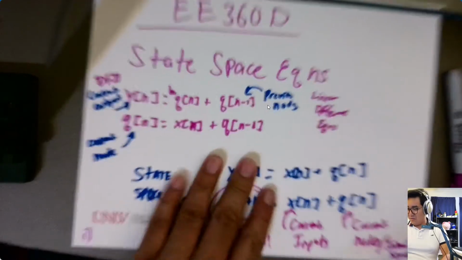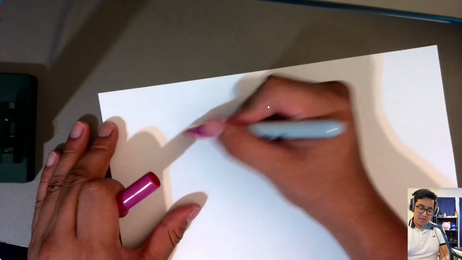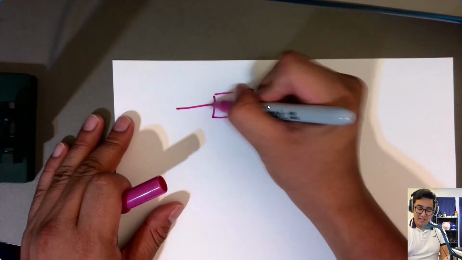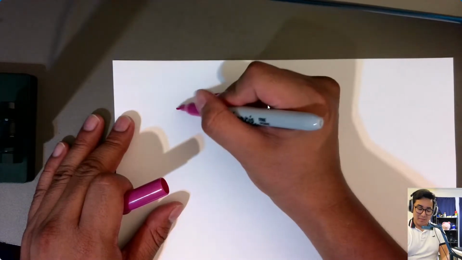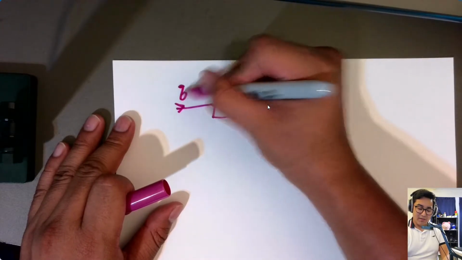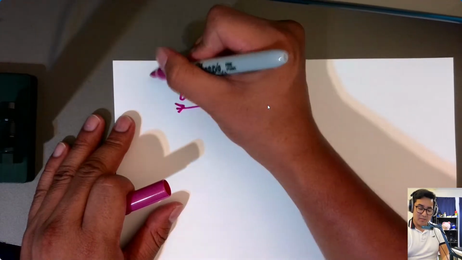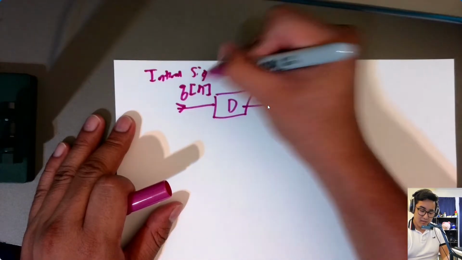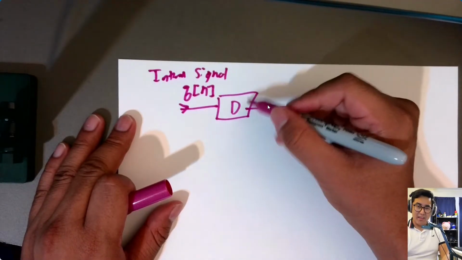So to show you in picture form, let's grab this, page 2. Here you have, let's just call it a delay block. What we've been doing all this time is here's our internal signal, and then delaying it.